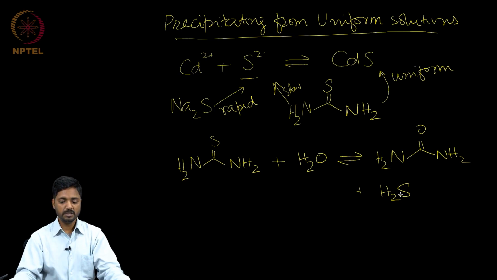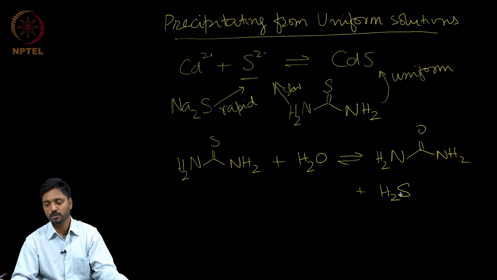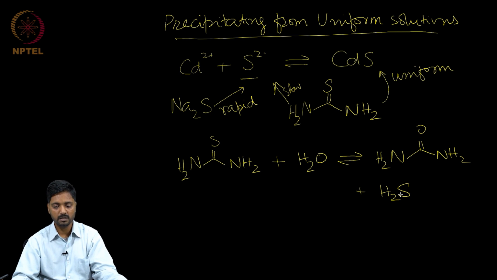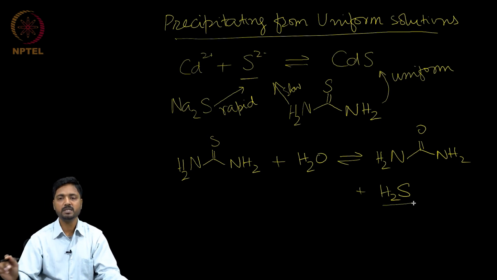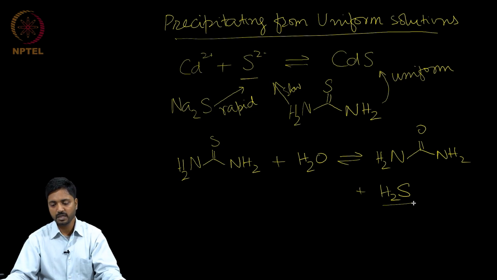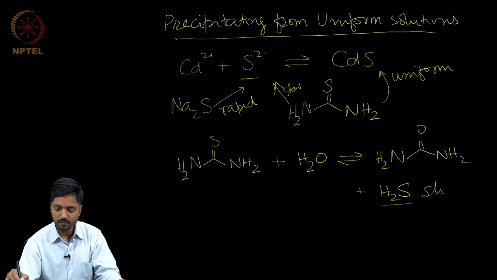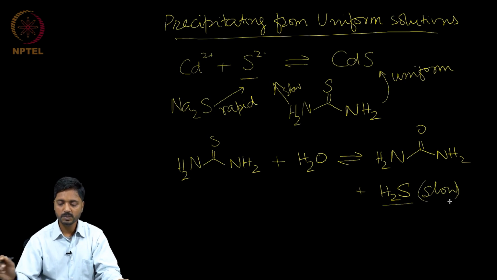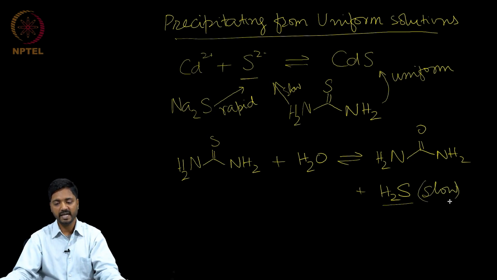Now, one reason why the carbon sulfur bond breaks and the carbon oxygen bond forms is because the carbon sulfur bond is weaker and that is being replaced by the thermodynamically more stable carbon oxygen bond. But this process happens more gradually and results in slow generation of the hydrogen sulfide gas in the reaction medium.